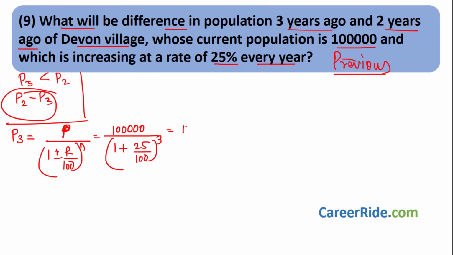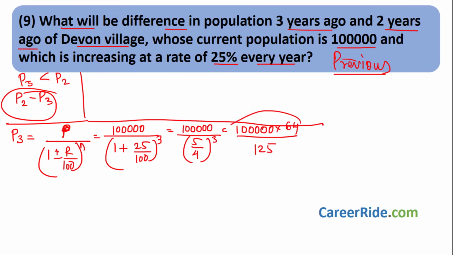That would give us 1 lakh divided by (5 upon 4) cube. That would be 1 lakh into 64 divided by 125. Now this is for the third year population, right? This is the third year population.